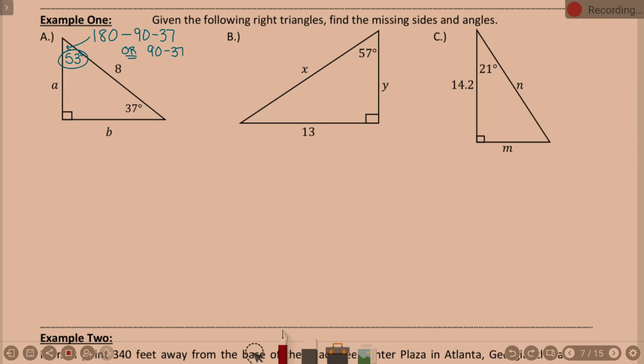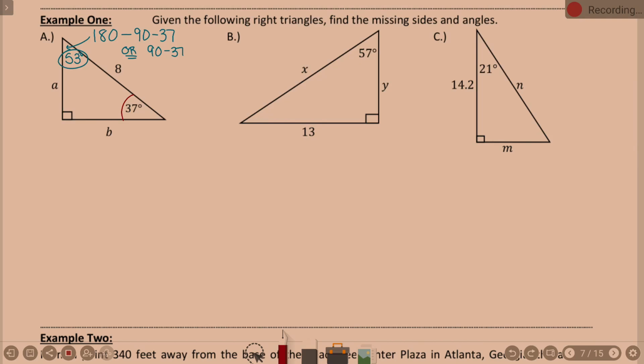I see some people saying, okay, maybe, and some people saying, what is he talking about? You could use either angle, but if we look at 37 here, we know all of our angles. So if we pick 37, and we know 8, what is 8? It is the hypotenuse. Now, if we want to start by finding A, which would be my preference, A is what to 37? Opposite.